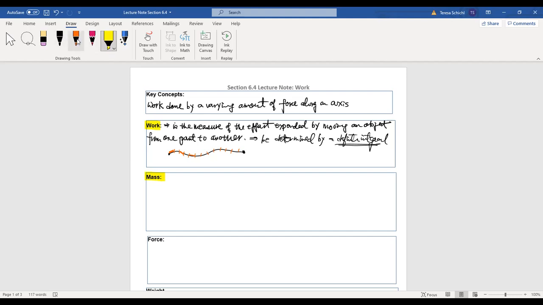Like I said, we're going to have some very basic definitions. The first is the mass. The notation we use is m. The mass of an object measures the amount of matter in the object.